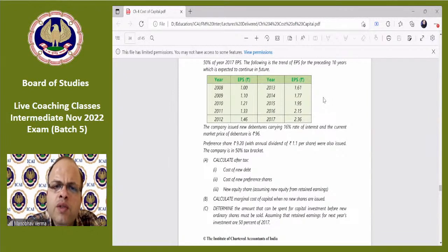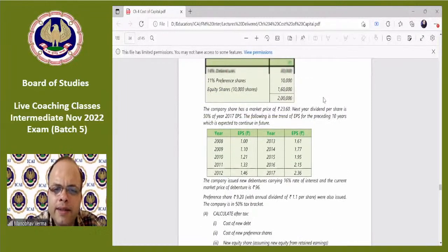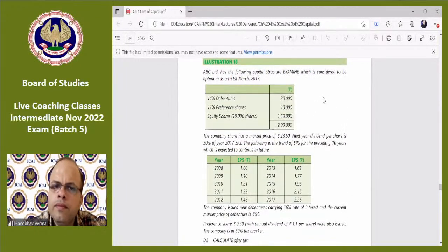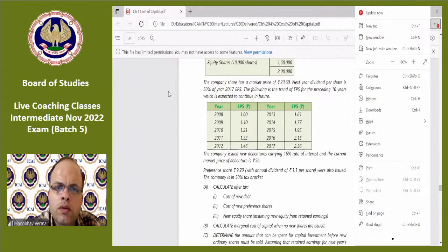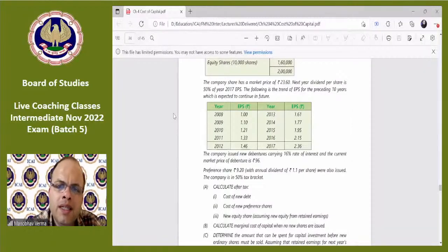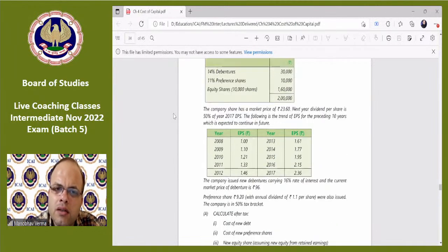So the first question is, what is the cost of new debt? They're talking about a 16% rate of interest, 50% tax bracket, and a current market price of 96.